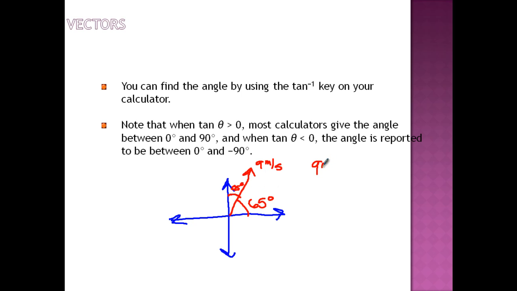I can say 9 meters per second at 65 degrees. This is east. This is 65 degrees north of it. So at 65 degrees north of east. Or I can also say 9 meters per second at 25 degrees east of north, which means east of the north direction. East of north.